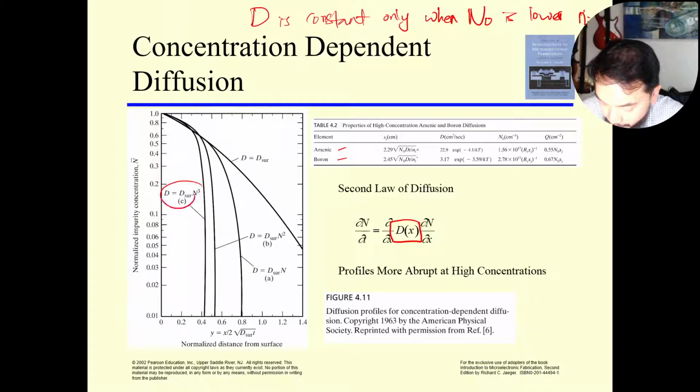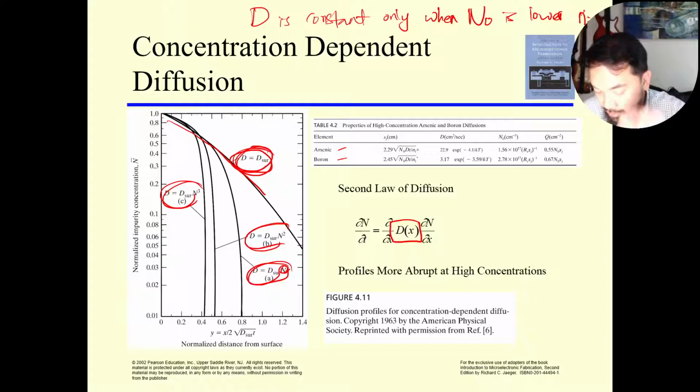It will follow one of these equations, A, B, and C. This is the standard one. If the impurity concentration is low, it will follow this one, which is constant. If not, then it is according to these two equations. So it depends on the impurity concentration at that particular depth.